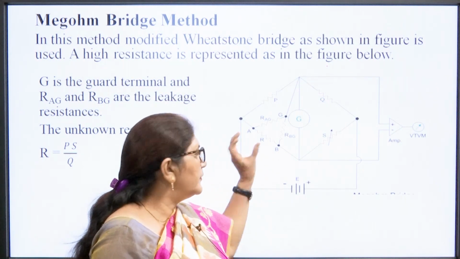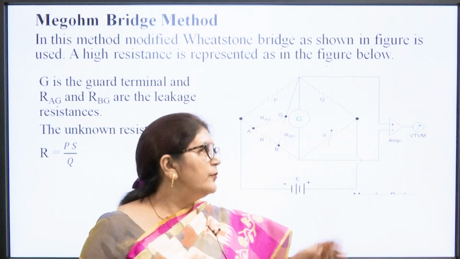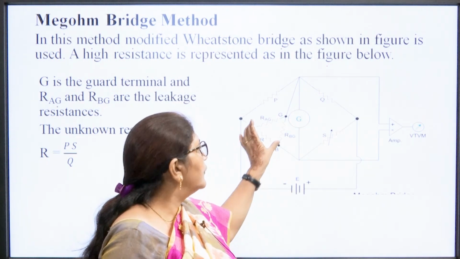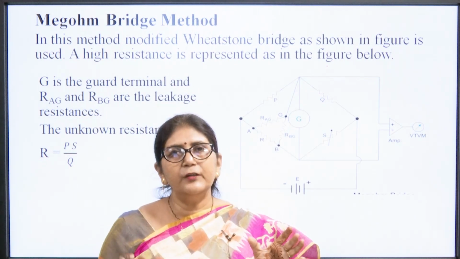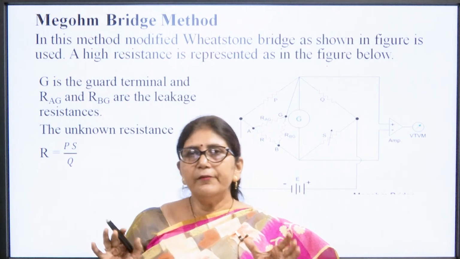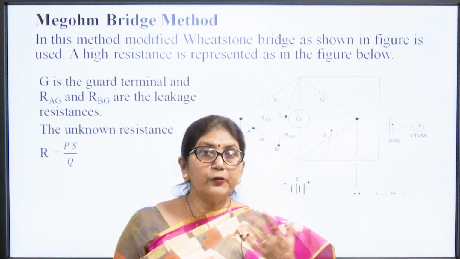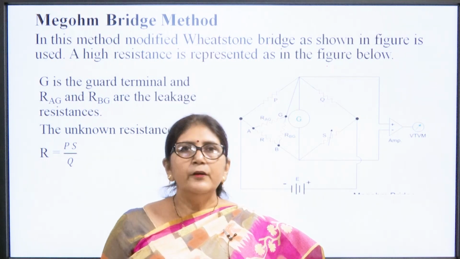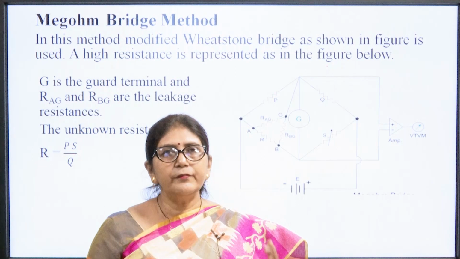Suppose this resistance has a value of 100 kilo ohm, then it will show only 68 kilo ohm or like that. It means when we use a high value of resistance with a normal bridge, it will give an error of more than 33%.